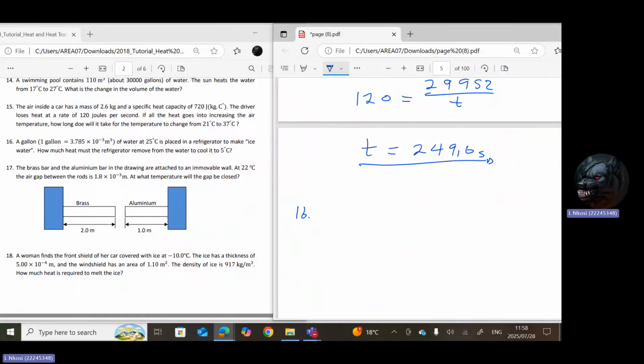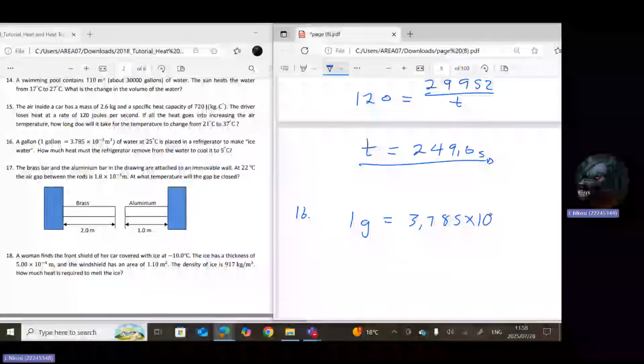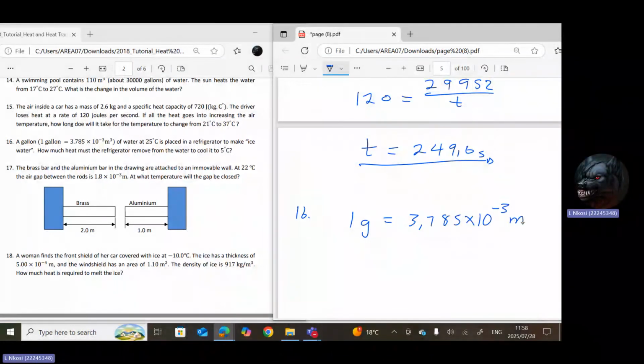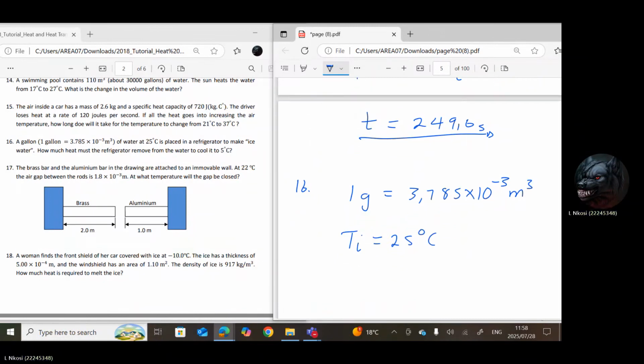It's 1 gallon. So 1 gallon is equal to 3.785 times 10 to the minus 3 meters cubed of water, at an initial temperature of 25 degrees Celsius, placed in a refrigerator to make ice water.